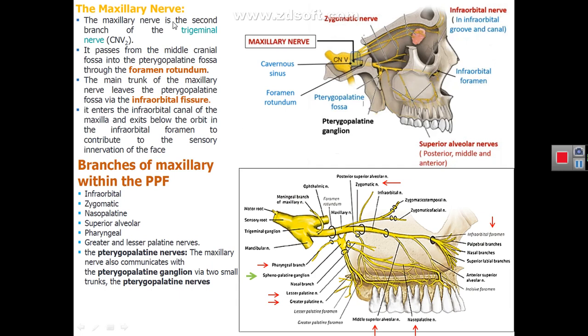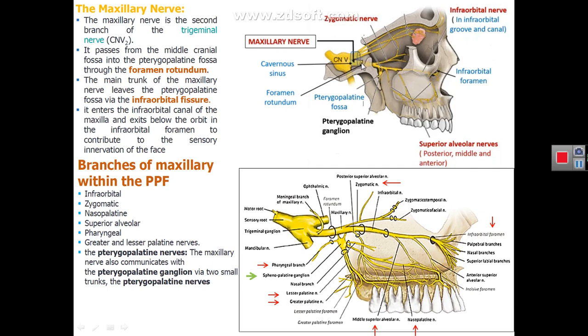Starting with the description of the maxillary nerve. Of course, the maxillary nerve is one of the three branches of the trigeminal nerve. The trigeminal nerve gives ophthalmic branch, maxillary branch, and mandibular branch. We had studied the mandibular branch in the infratemporal fossa because this mandibular branch passes through foramen ovale from the middle cranial fossa to the infratemporal fossa. Now we will describe the maxillary branch of the trigeminal nerve. Also, the maxillary branch of the trigeminal nerve begins in the middle cranial cavity.